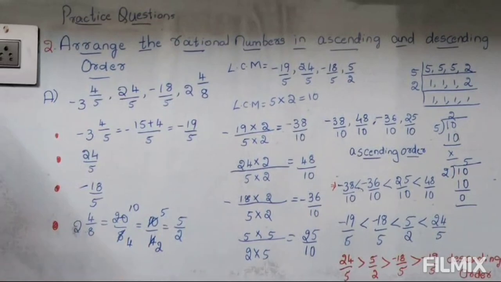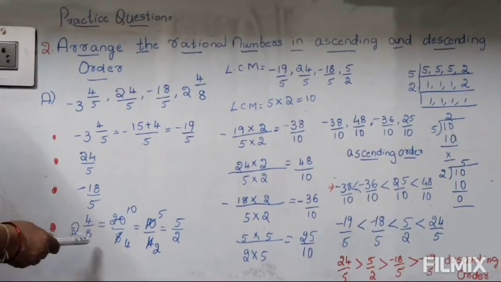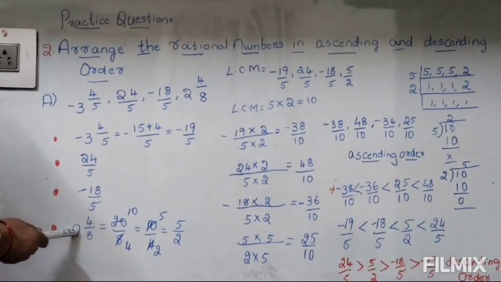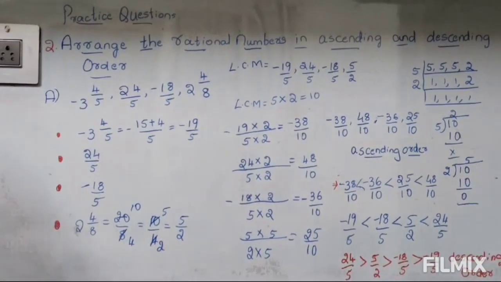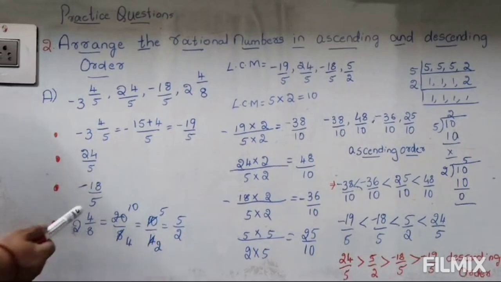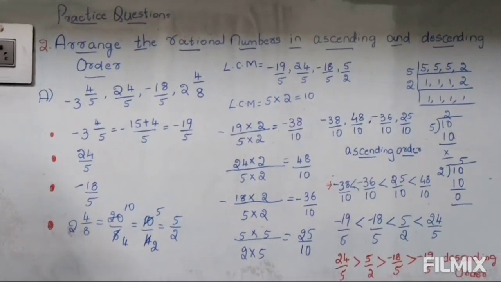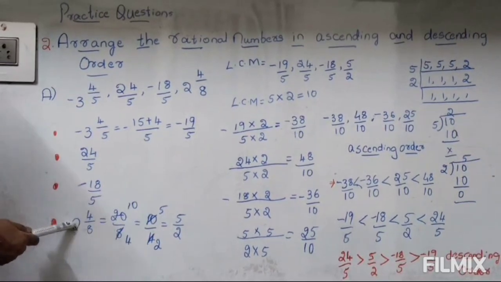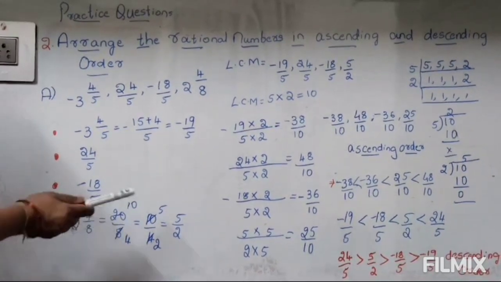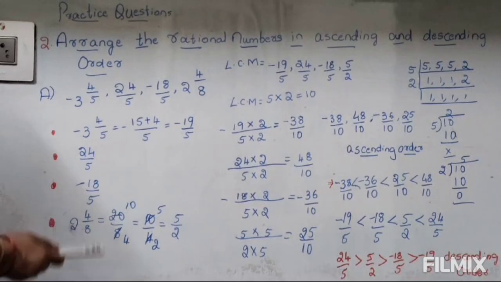Once again convert this into an improper fraction. 8 2s are 16. Here I have not shown the same working, the reason is you might know how to do it, isn't it? So 2 to 3 sums I have done for you. 8 2s are 16, 16 plus 4 is 20 by 8.